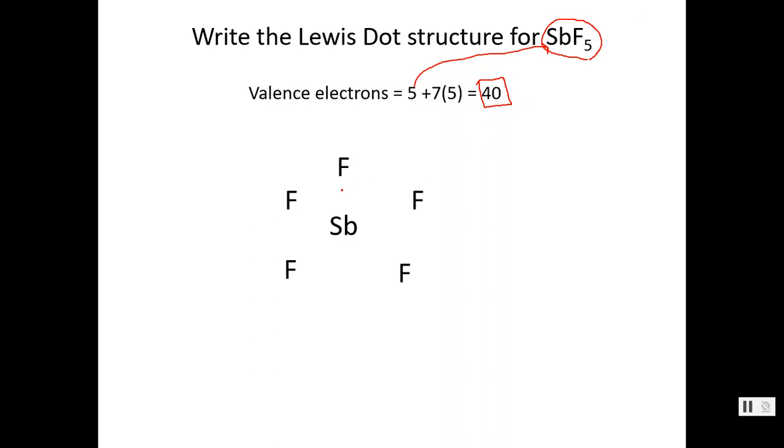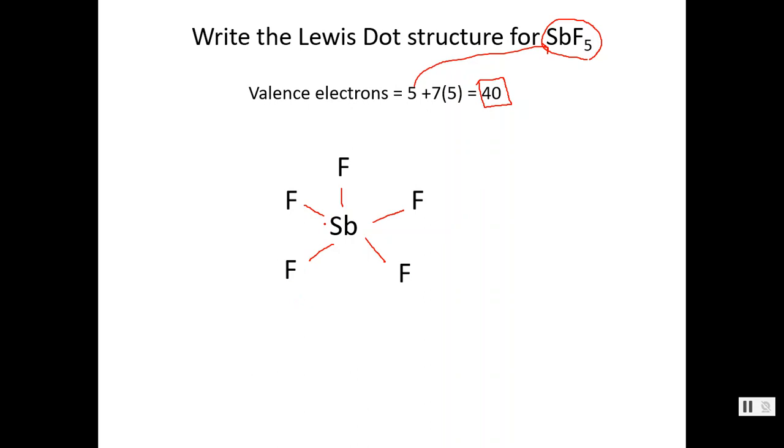Now I'm going to start placing my valence electrons by first doing single bonds from my center atom to my outer atoms. Remembering that single bonds again are 2 electrons, so I'm going to count by 2s. 2, 4, 6, 8, 10. So I have now used 10 of my 40 valence electrons. Next, I need to complete the octets on my outer atoms, specifically the fluorines.